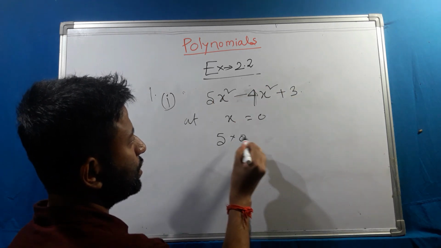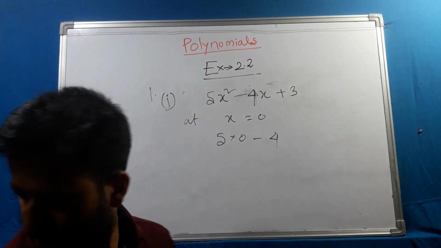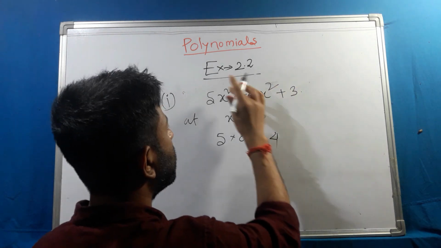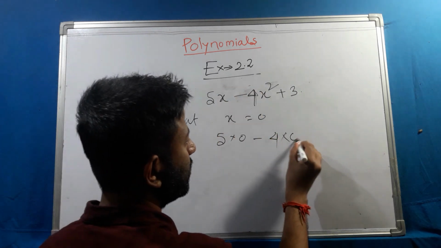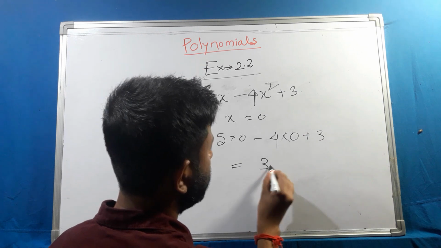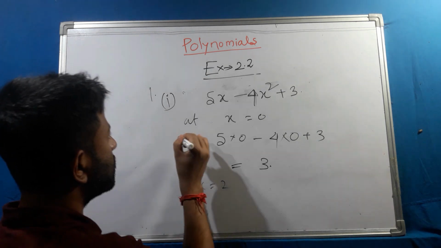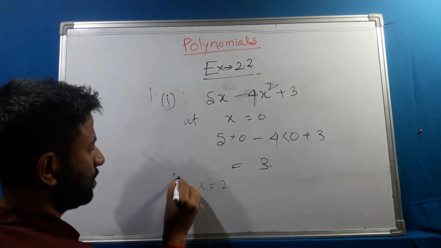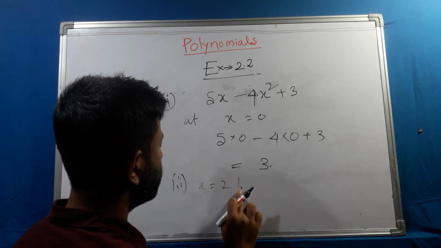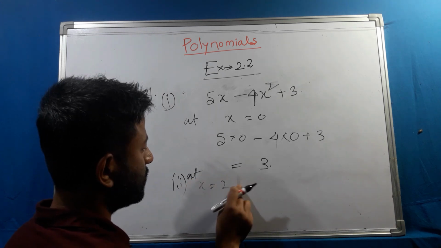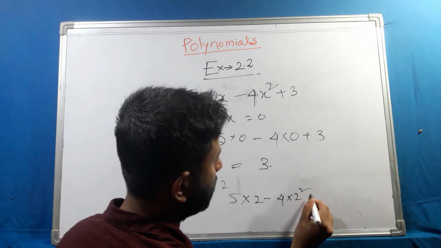5 into 0 is 0, minus 4 into 0 square, that is also 0, plus 3. So the value is 3. Now when x equals 2, it becomes 5 into 2 minus 4 into 2 square plus 3.